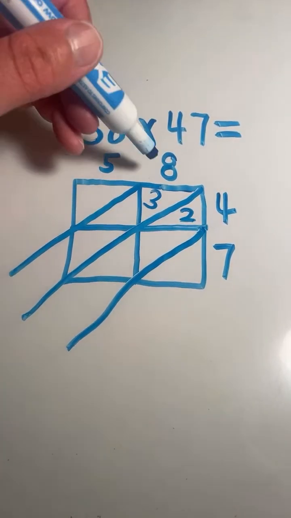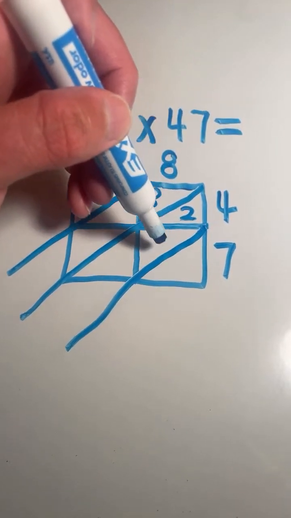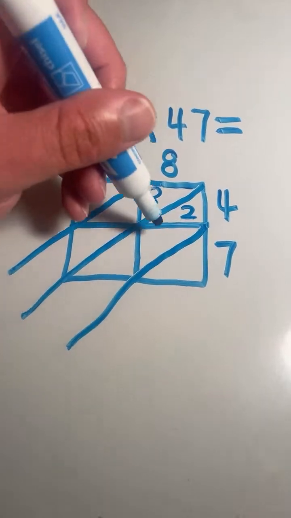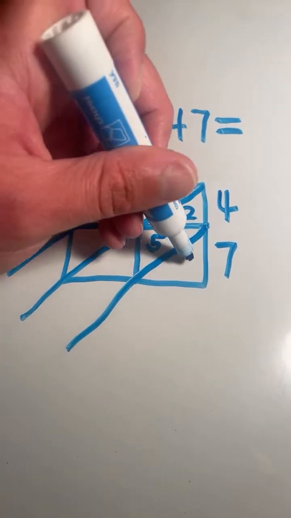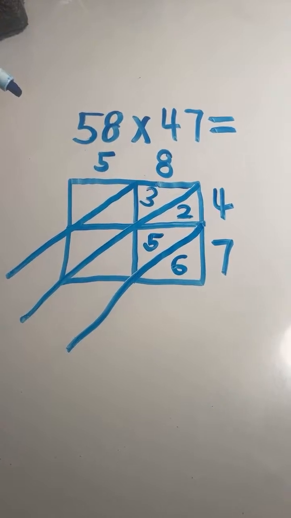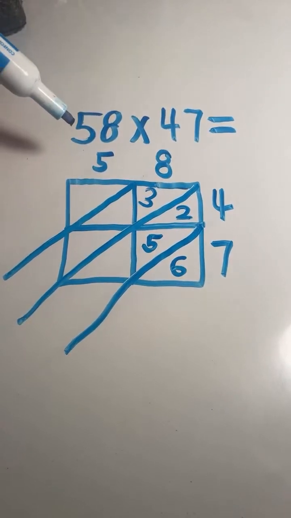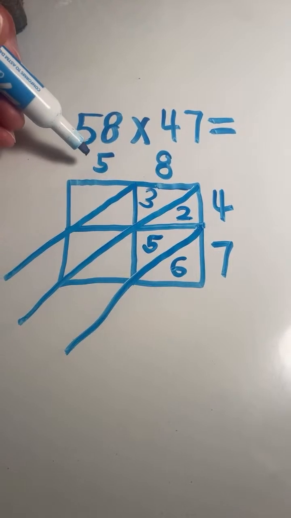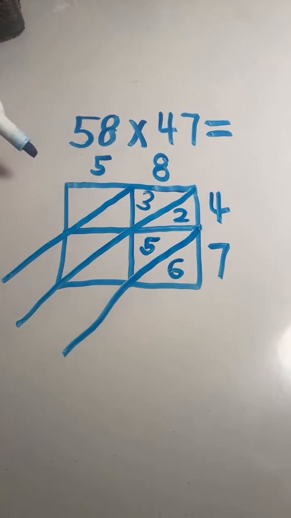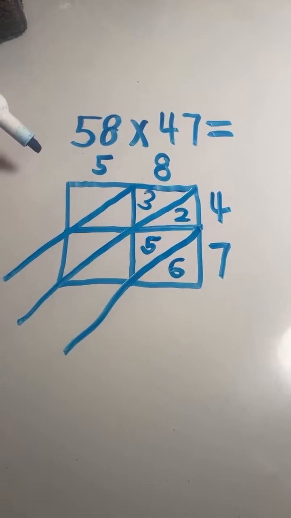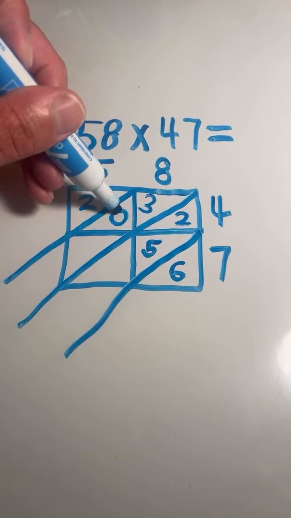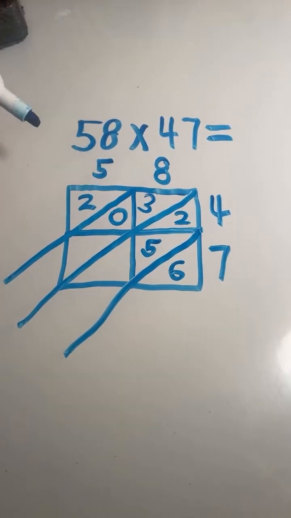Next, we're going to multiply 8 times 7. The answer to 8 times 7 is going to go in this bottom square. 8 times 7 equals 56. So 5 in the top triangle, 6 in the bottom triangle. Next, we're going to multiply 5 times 4. The answer to 5 times 4 is going to go in this square. 5 times 4 equals 20. So 2 in the top triangle, 0 in the bottom triangle.